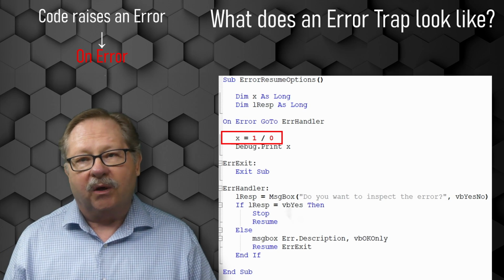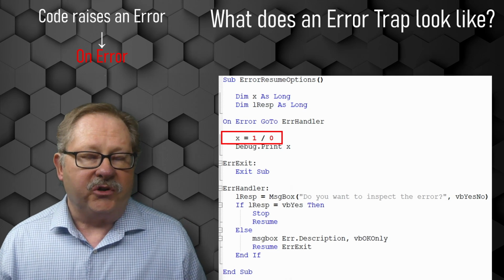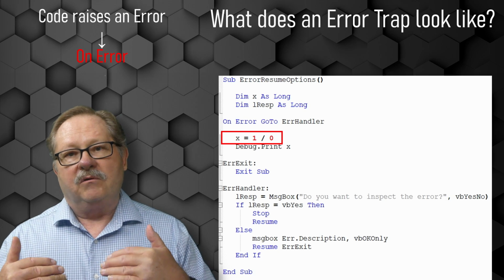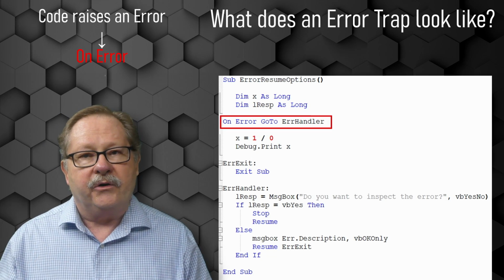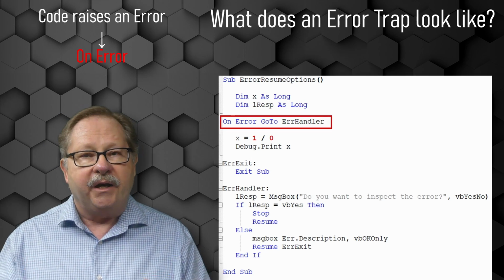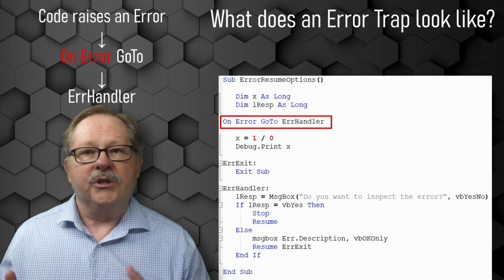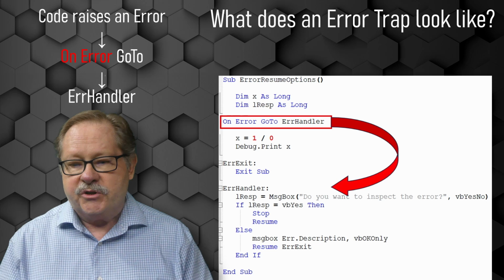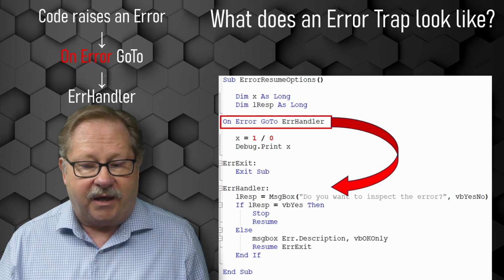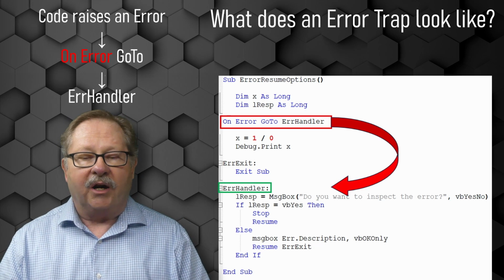So immediately the VBA engine looks for an On Error command. On Error then executes and says go to ErrHandler, which is a label. So we're going to go down to ErrHandler.